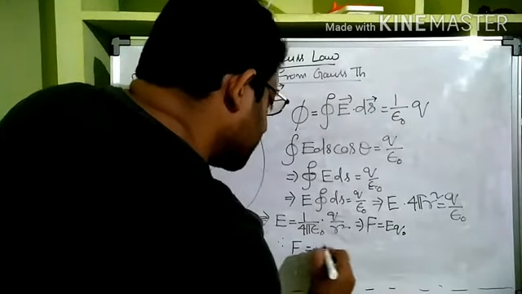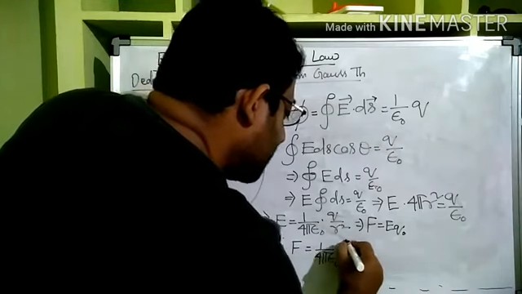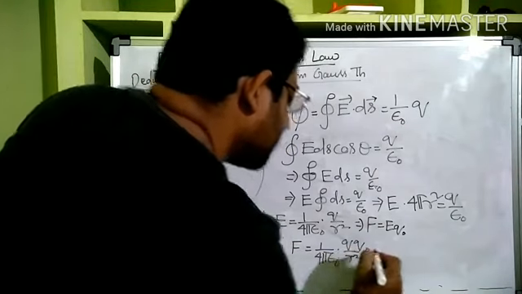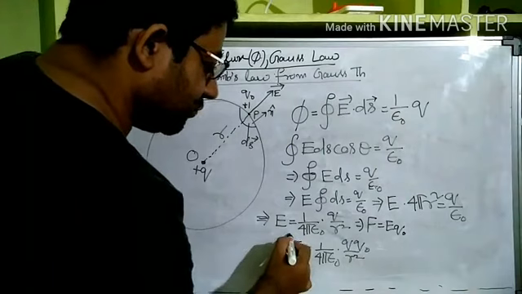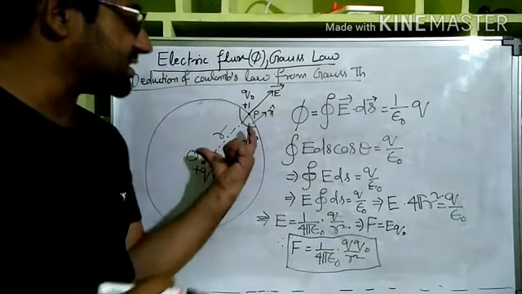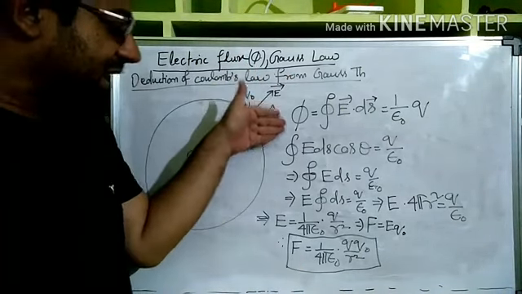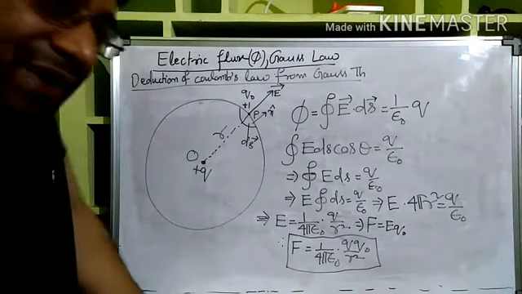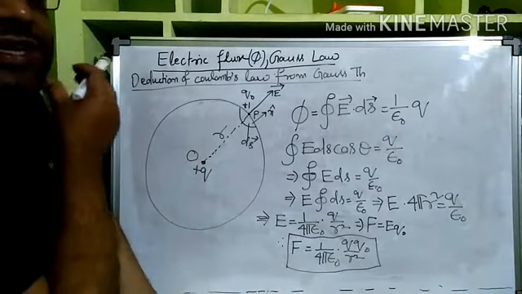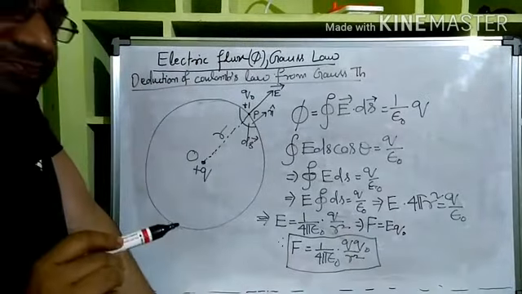Therefore F is equal to 1 by 4 pi epsilon naught q by r square, and this was E multiplied by q0. Okay, so force is equal to 1 by 4 pi epsilon naught and the product of the charges divided by the square of the distance between them. This was what? Coulomb's law. We started with the Gauss theorem and we reached Coulomb's law. Fine. So Coulomb's law and Gauss theorem are in agreement with each other, and this is the deduction of Coulomb's law from Gauss theorem.